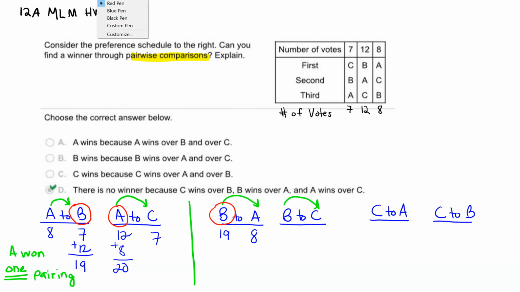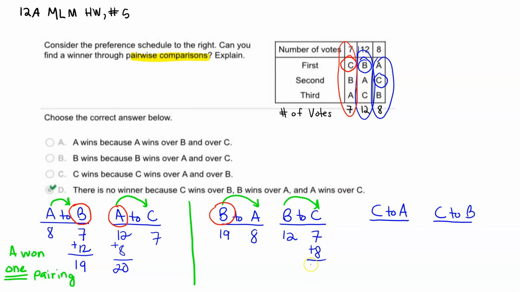So looking at my first column here, C outranks B. So C is going to get those 7 votes. In the next column, B outranks C. So B gets those 12 votes. And in the last column, C outranks B. So C is going to get those 8 votes. So B has 12 votes, C has 15. In this pairing, C wins.